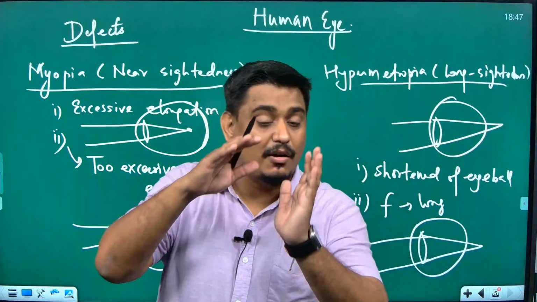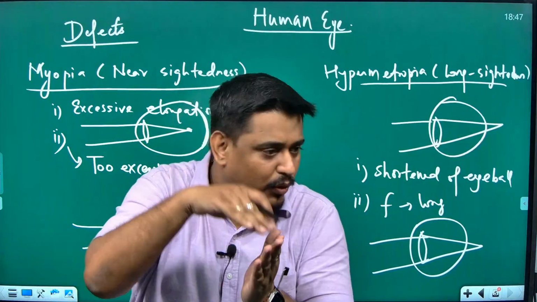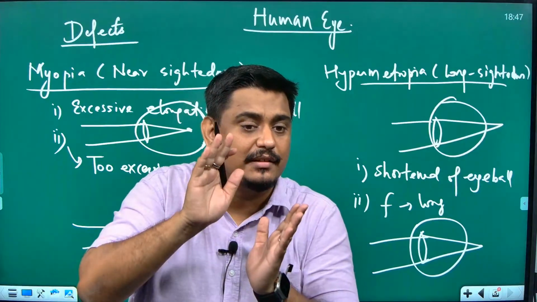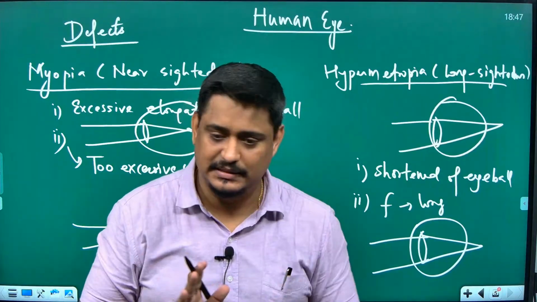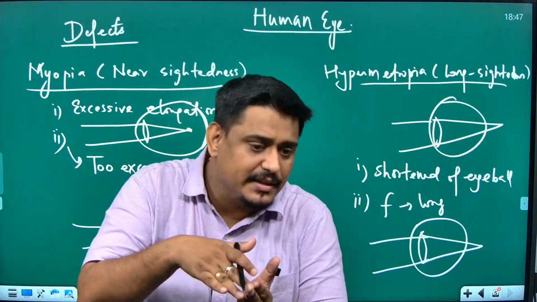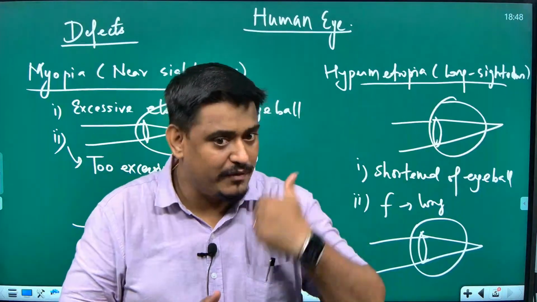See, convex lens has a capability of converging the light behind it, isn't it, at the focal length. If your lens is capable of converging exactly at retina, your eye is healthy. There are two problems. One is it may converge too early because of having excessive curvature power, myopia will come.